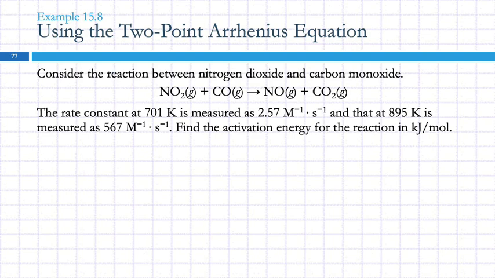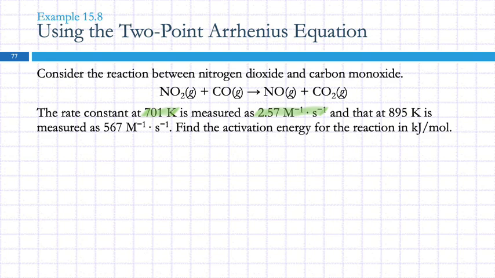Consider the reaction between nitrogen dioxide and carbon monoxide. The rate constant at 701 Kelvin is 2.57 per molarity per second. I'm just going to highlight those because those go together, right?